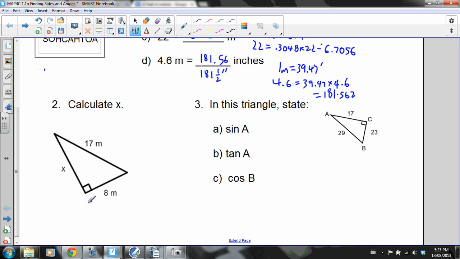Well, triangle and 3 sides. It's a right angle. Right angle, remember, points at the hypotenuse. And the other 2 sides, this is Pythagorean theorem, right? h squared equals a squared plus b squared. That's a little bit messy, but I think we can handle it. The hypotenuse goes on one side by itself. The other 2 sides are the 2 legs of the triangle, and I can write 17 squared equals x squared plus 8 squared.